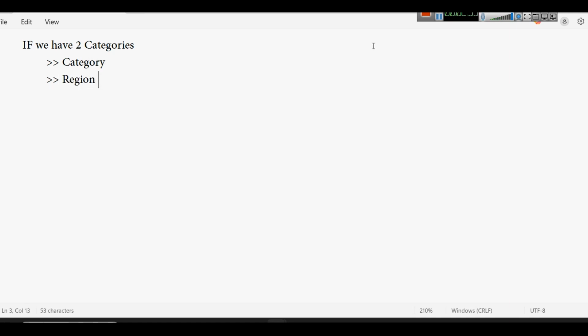So this is my question to all of you. Do you understand when I am saying if we have 2 categories in the data set, like if we have to visualize the data in these 2 categories? Yes, sir. Right?